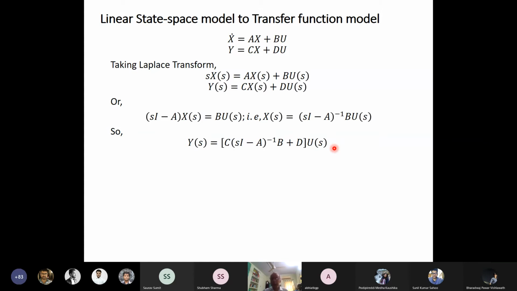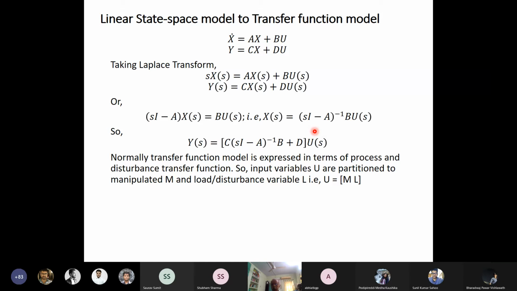But in actual practice, this u contains both the input vectors, the manipulated variables, as well as the disturbance variables or the noise load variables. So normally a transfer function model is expressed in terms of the process and the disturbance transfer functions.